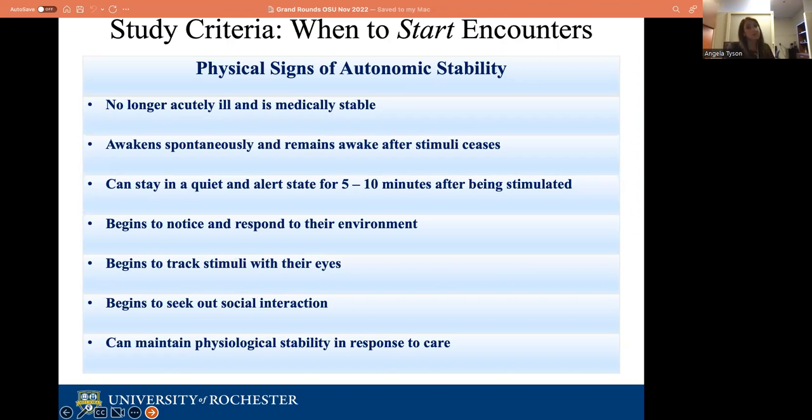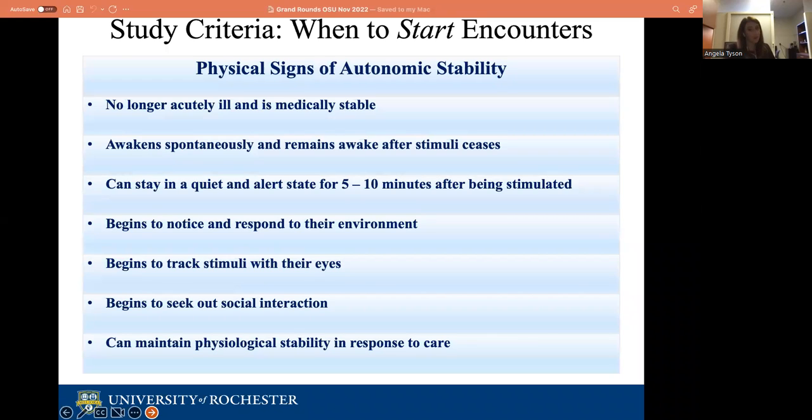So these are physical signs of autonomic stability that are used within other therapy worlds to say a baby is stable enough to have a massage, or a baby is stable enough to undergo physical therapy. It's in both of the data. Now, OMM on little neonates is much, much less direct and much less aggressive than either massage or therapy.